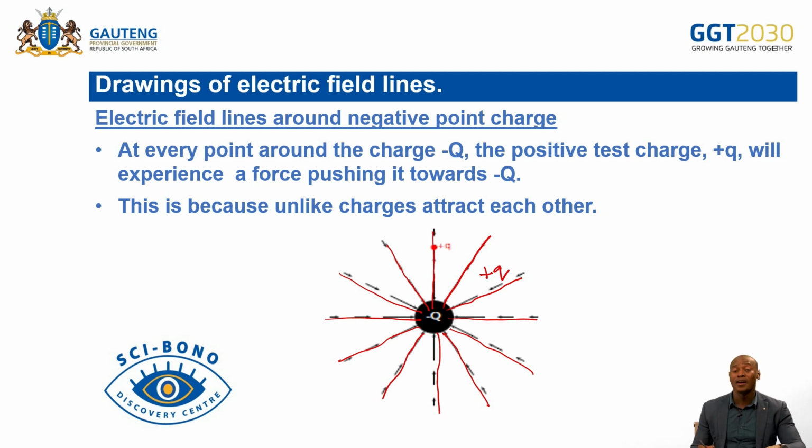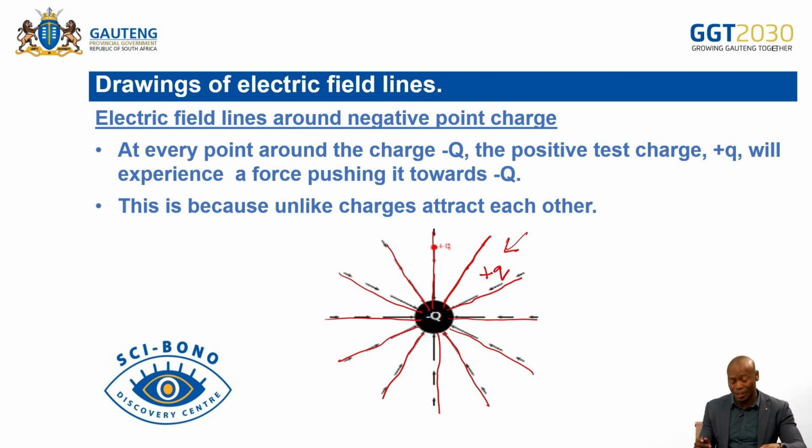Then find the direction of the force exerted by this negative electric charge on this positive test charge. Unlike charges attract. So what will happen to the positive test charge? Obviously, this positive test charge will move towards this negative electric charge, because unlike charges attract.